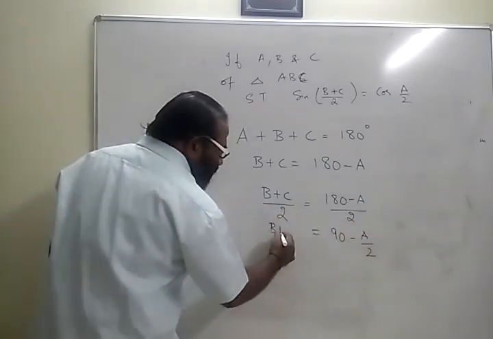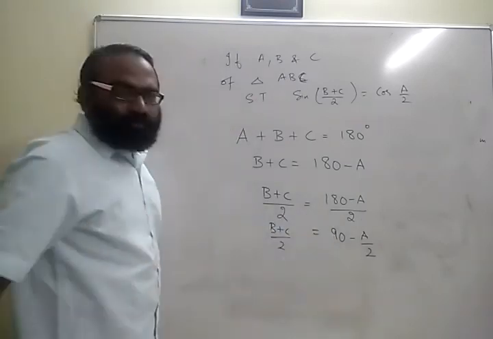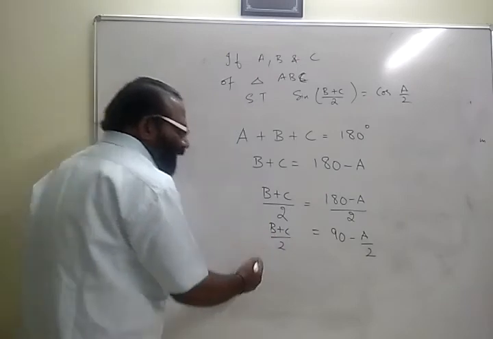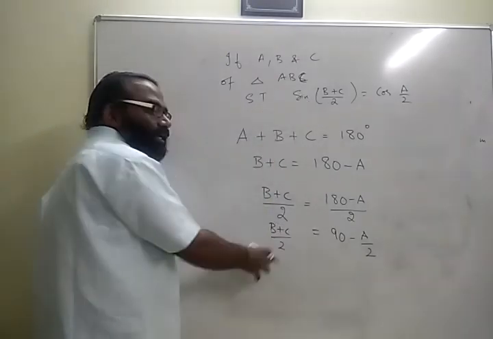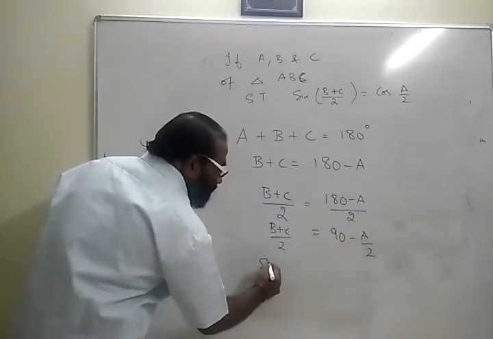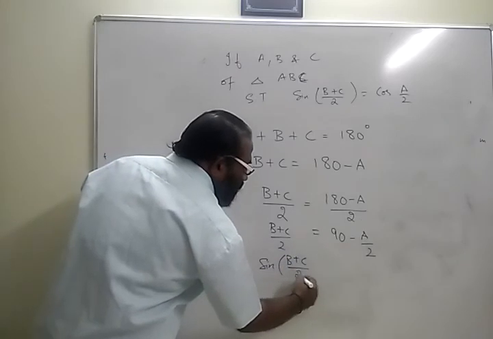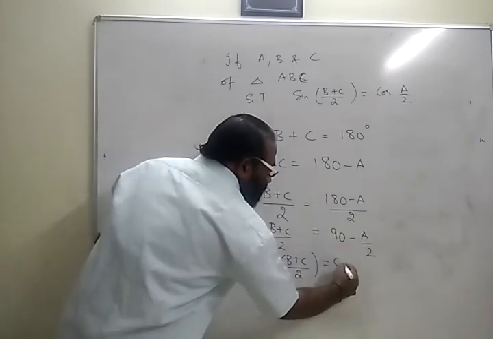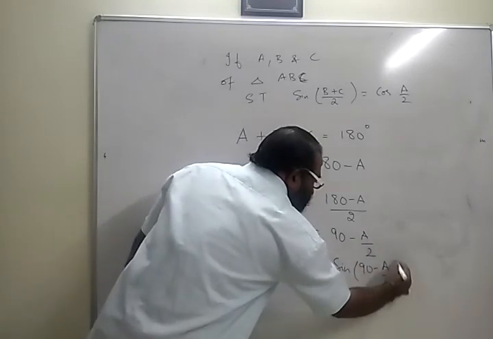Now this is B plus C by 2. So this angle is equal to this angle. So let us take sine, because this side left is sine. So I can say sine of this angle should also be equal to sine of that angle. So sine B plus C by 2 equals sine 90 minus A by 2.